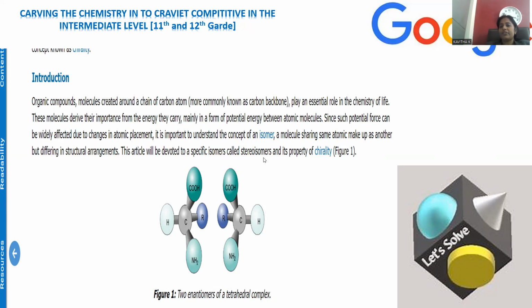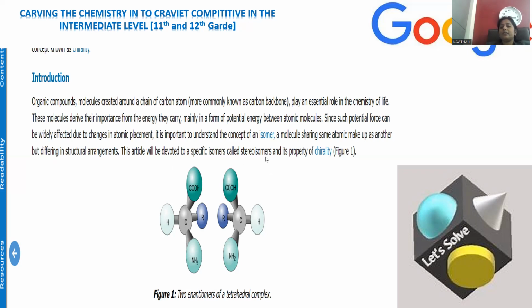Why? If the positional change is possible, the properties of the molecule entirely change. So stereochemistry plays a vital role in the depiction of the molecule and in turn its application properties.